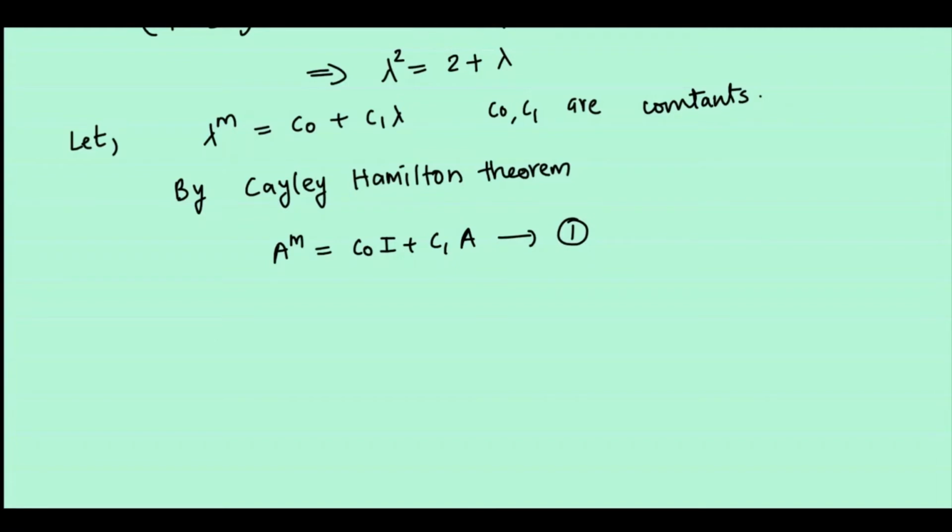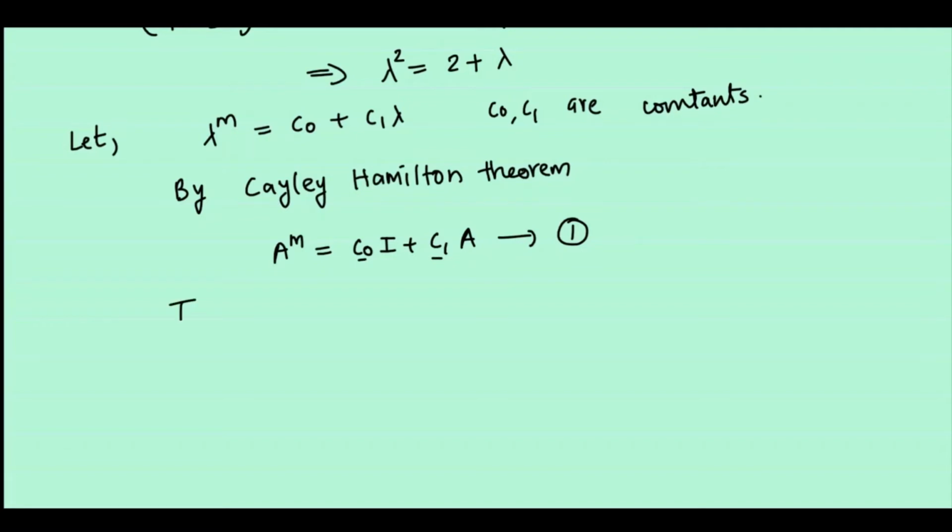If you put m equal to 2, we will get the value of A square. If you put m equal to 3, we will get A cube. Like that, in this formula, if you give any positive integer value to m, we can compute that power of A. But the problem is with C0 and C1, we should know what the values of C0 and C1 are.